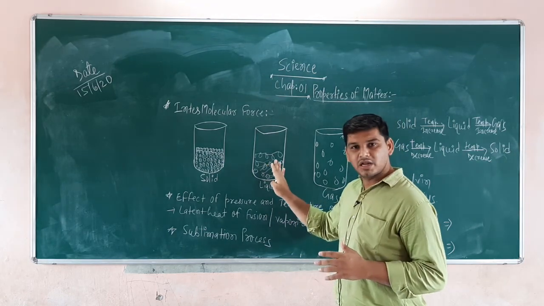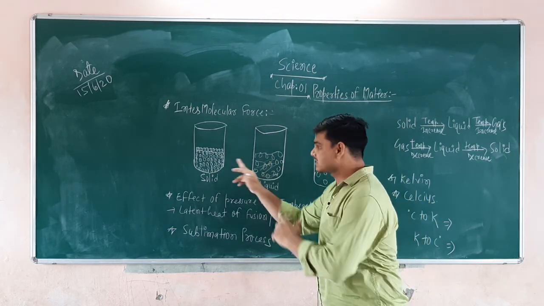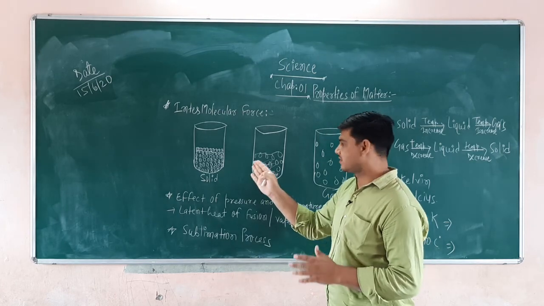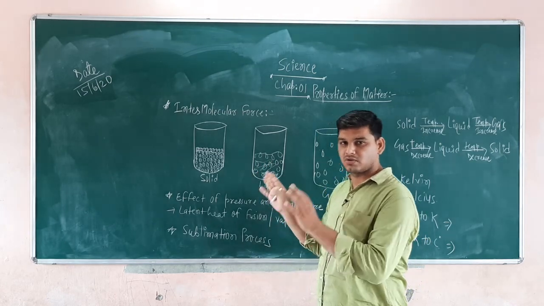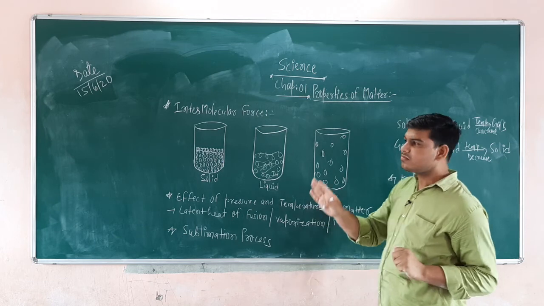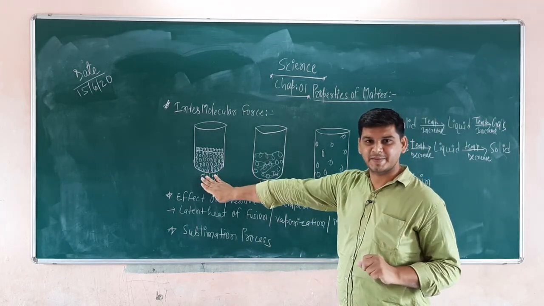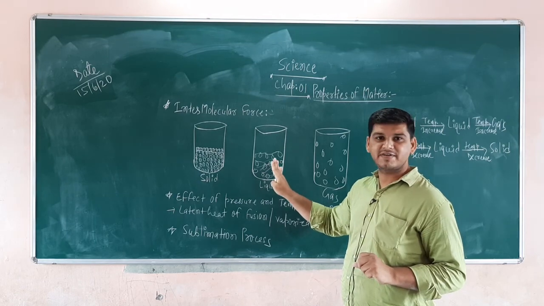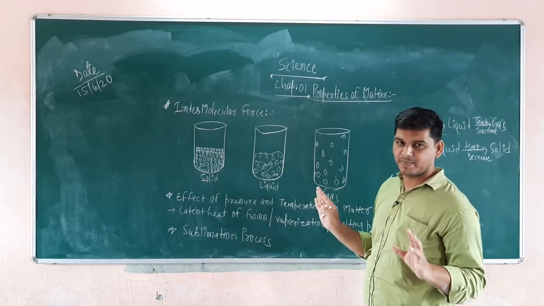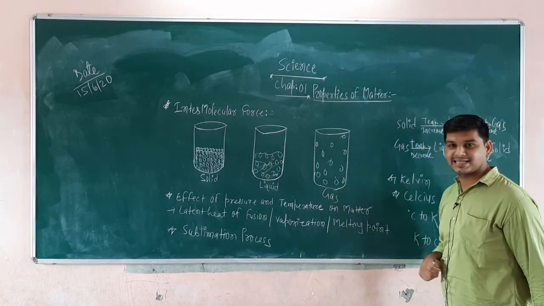The intermolecular force is slightly less compared to the solid because they are not strongly bonded, and liquid does not have a particular shape, unlike solid which has a crystal shape.